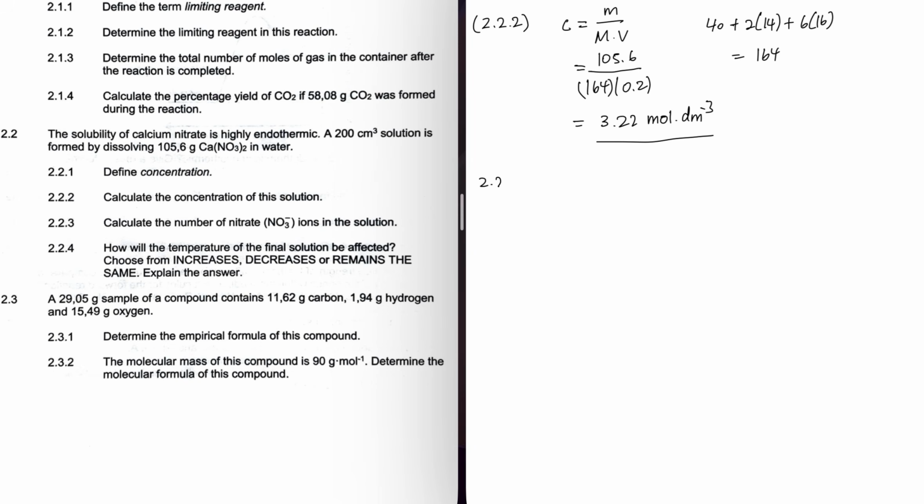Now question 2.2.3, calculate the number of nitrate ions in the solution. So let's take a look at how we can solve this. Ca(NO3)2 will dissolve and will form Ca2+ and 2 NO3- ions.